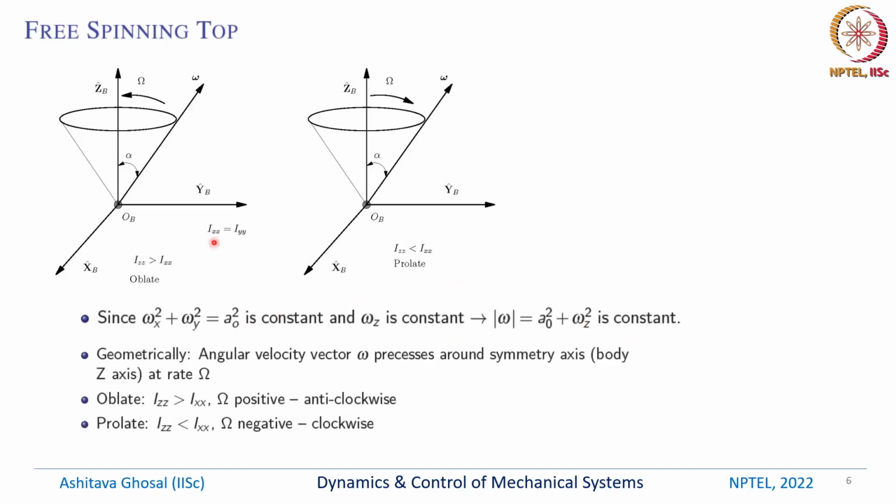So geometrically, this angular velocity vector omega precesses around the symmetric axis, the body z axis, at a rate capital omega, and it goes anti-clockwise if Izz is greater than Ixx, and clockwise if Izz is less than Ixx. This is called oblate and this is called prolate.